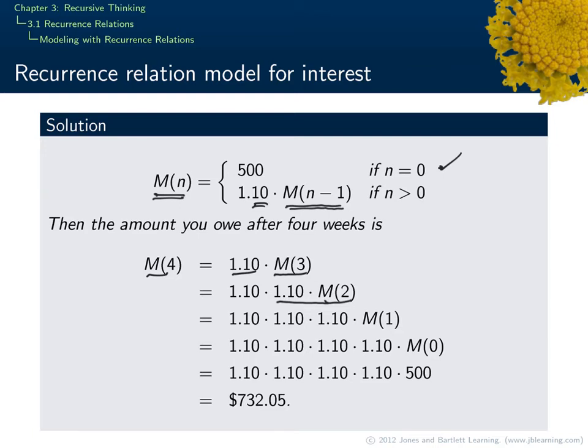So at the end, we finally get down to a product of a bunch of 1.10s and m of 0. But we know what m of 0 is. It's 500. And so now finally we can calculate that the result, that is what we owe her after 4 weeks, is about $732.